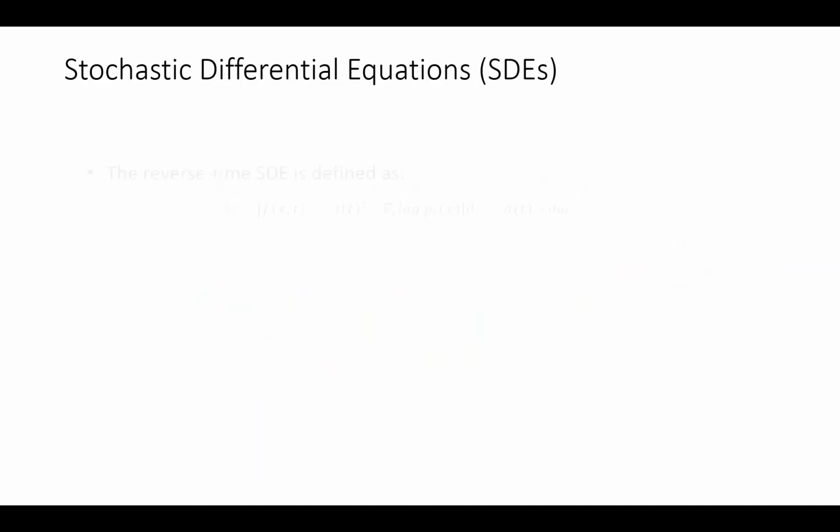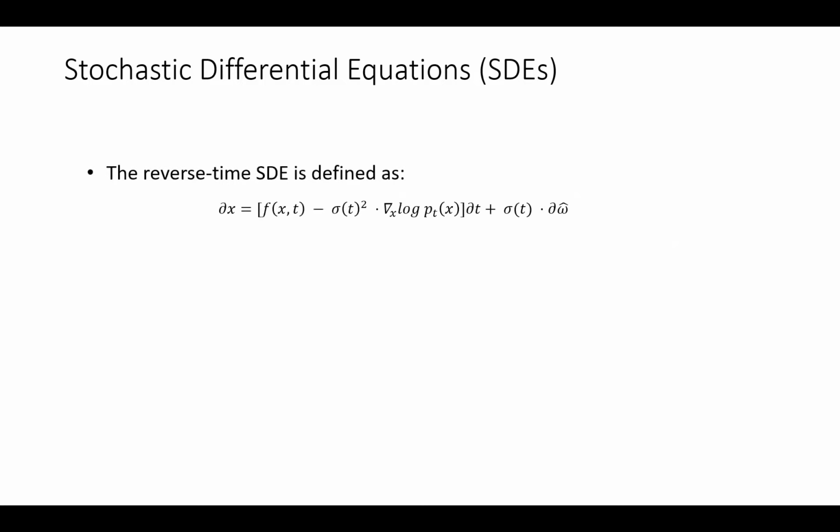Okay, so that was the forward process, where we add noise. Now this is the reverse process. That's where we want to actually generate a sample, and the stochastic differential equation for that is given here.